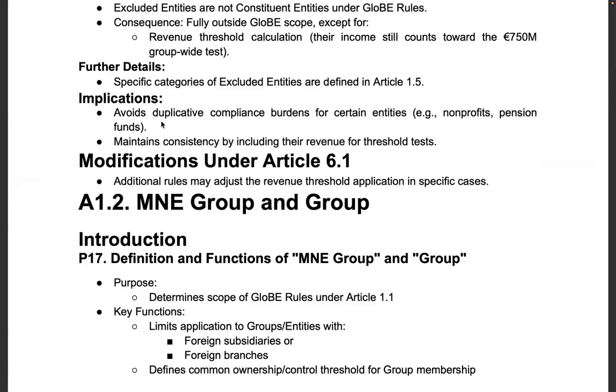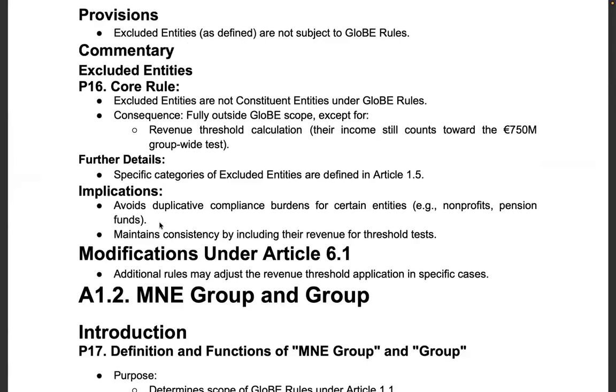Implications: avoid duplicative compliance burdens for certain entities, for example, non-profits or pension funds, etc. Since these will be considered excluded entities, they will not undergo all these compliance hassles and burdens of calculation.